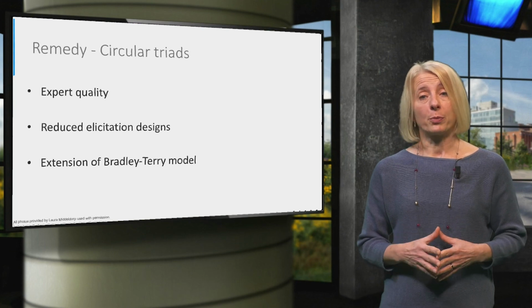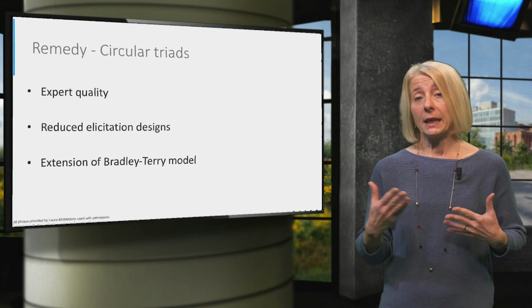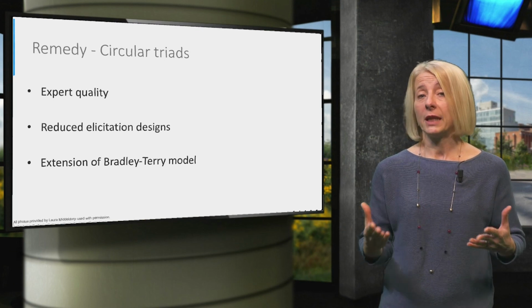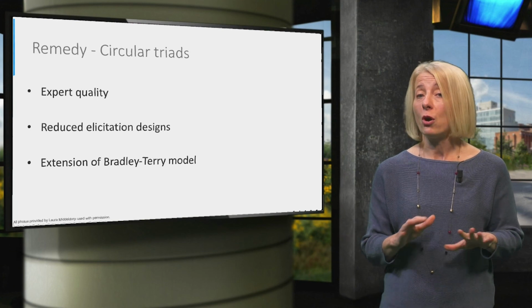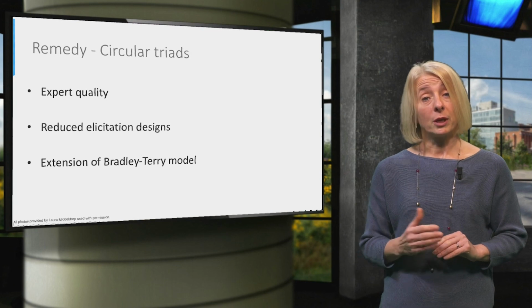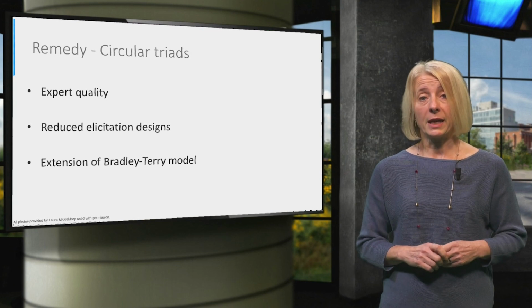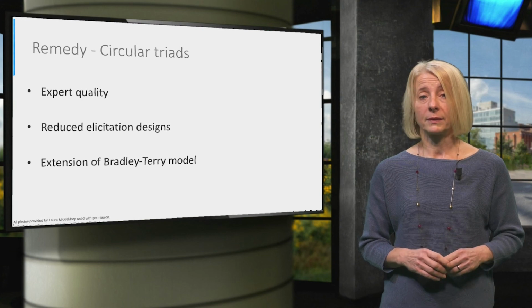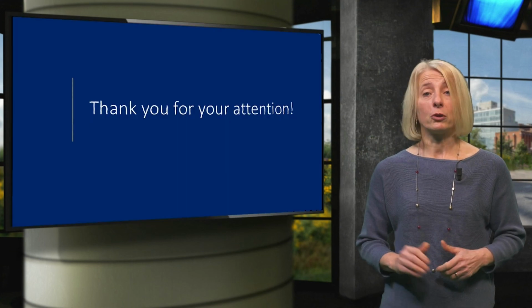To remedy this problem, an extension of the Bradley-Terry model allows data where experts state no preference over some alternatives. You can read about these topics in extra material available at the end of the module. Thank you for your attention.